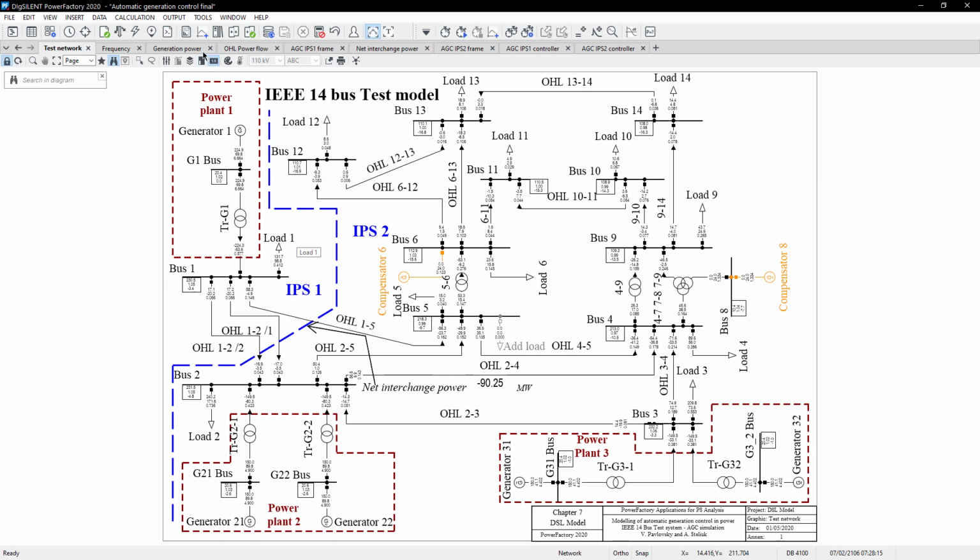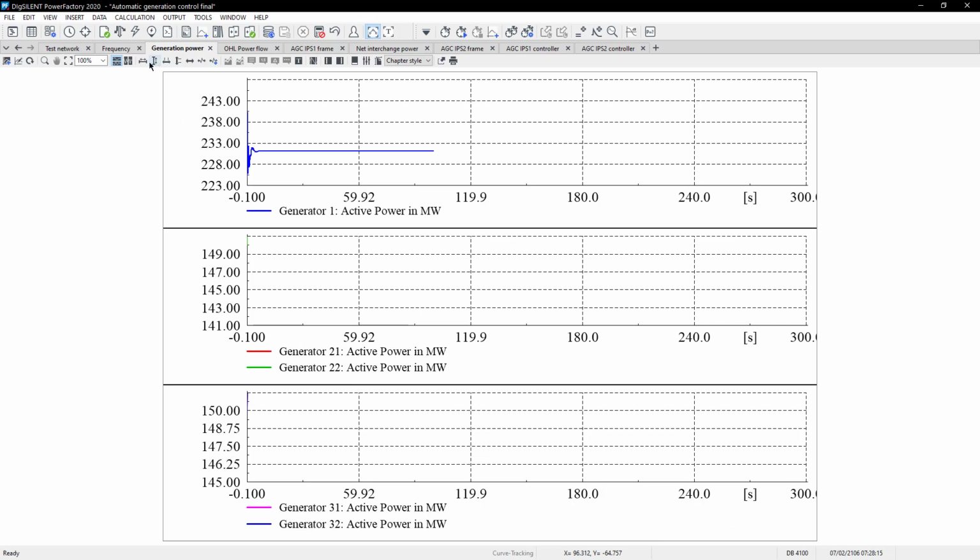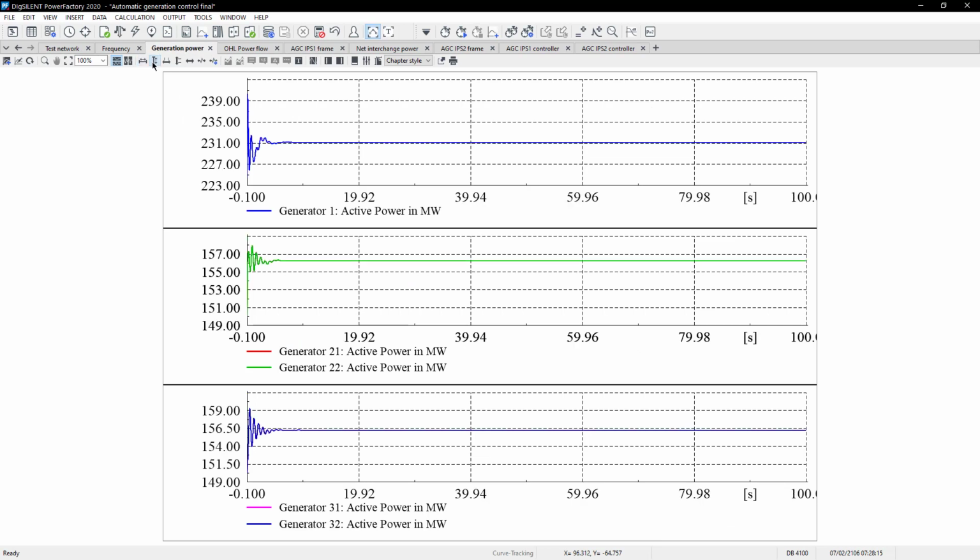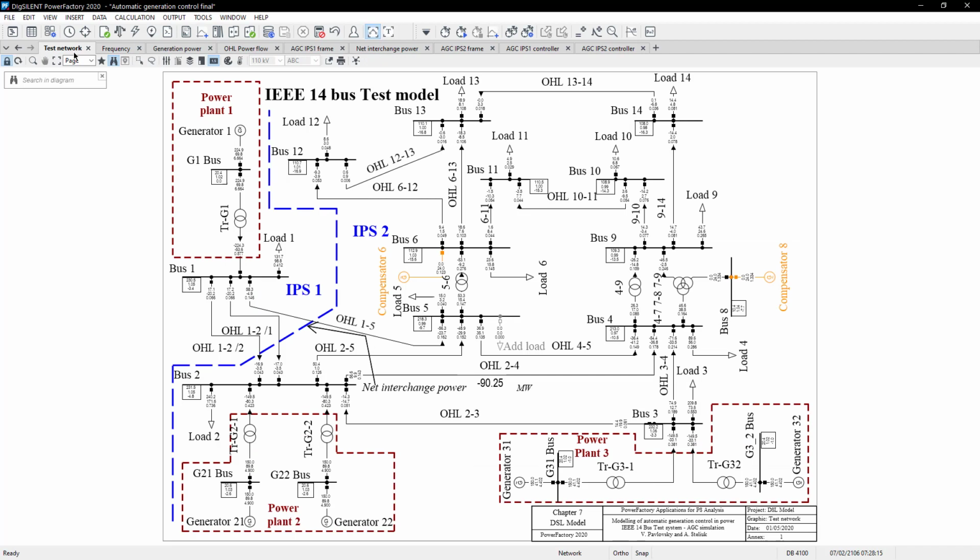But now let's see what will happen. Let me show you. Here you can see what is happening in terms of active power, okay? But because we are probably at 25 minutes, and you can read more details inside the book, what I want to show you is that they developed a proper AGC and it is working properly, okay?